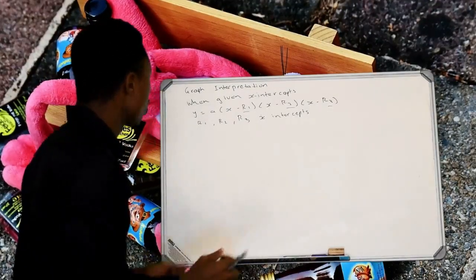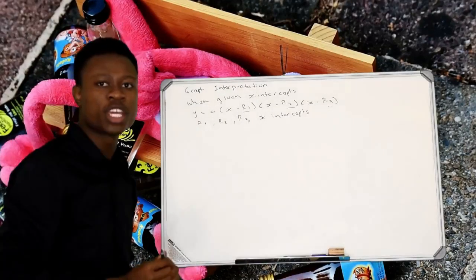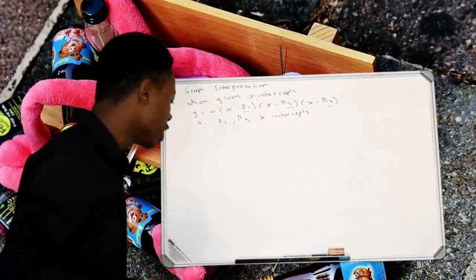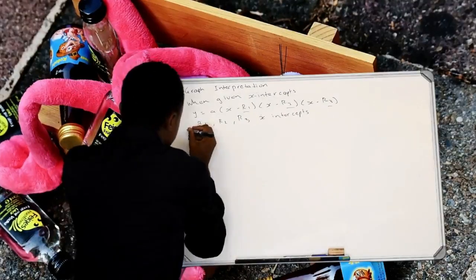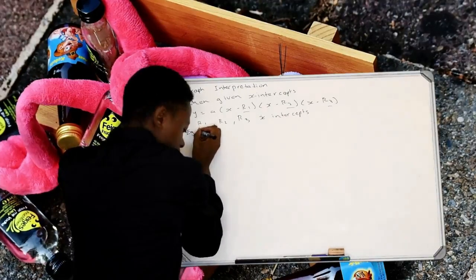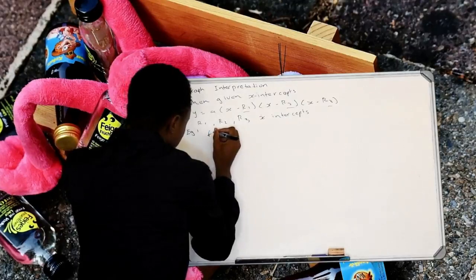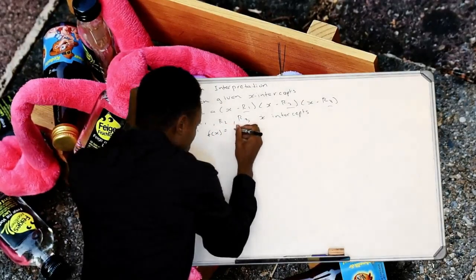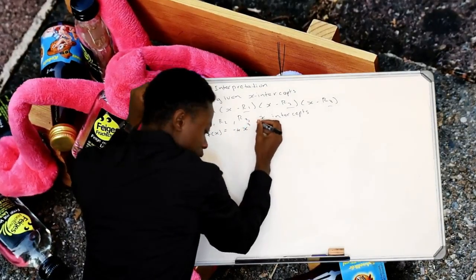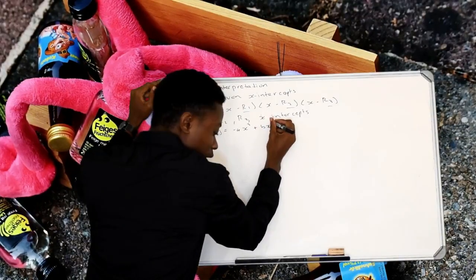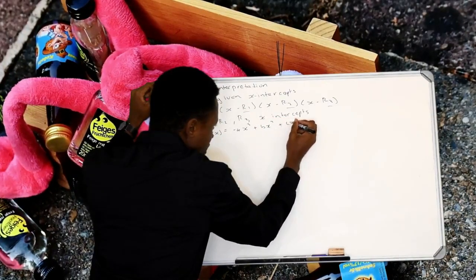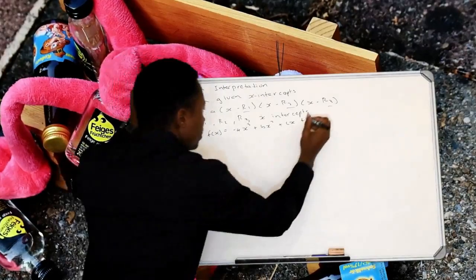So now let's do an example to see what I'm talking about so that we can both be on the same page, right? So this is what my example 1 looks like. f of x is equal to negative 4x cubed plus bx squared plus cx plus d, right?